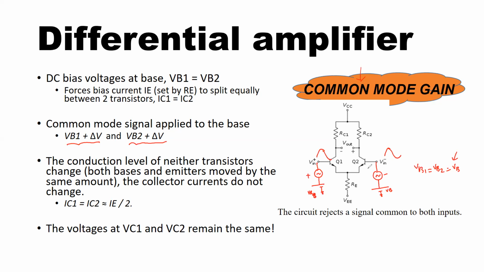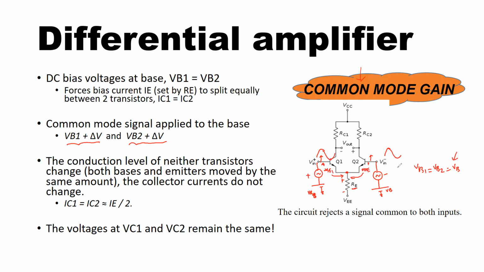So your conduction level of the transistors is not changing, because when your base voltages increase simultaneously, your base currents increase, your collector currents increase, and hence your emitter current increases, the drop across RE increases, and the emitter voltage also increases. So VBE1 and VBE2 remain constant, with the sinusoidal variations of the inputs at both base pins of the transistors.